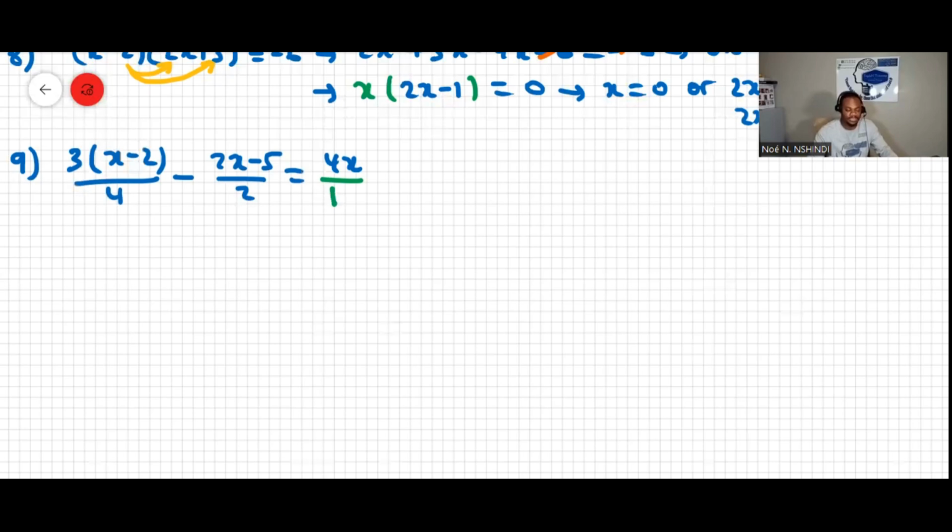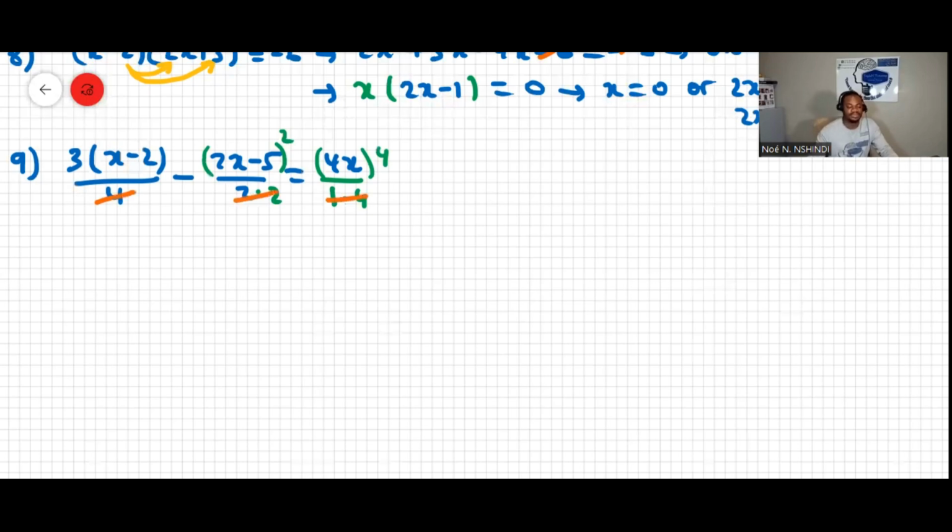We multiply here by 2, and then we multiply there by 4. If I multiply by 2 there, I must also multiply the numerator there by 2, and there also by 4. Now that we have a common denominator, we can just drop these denominators.